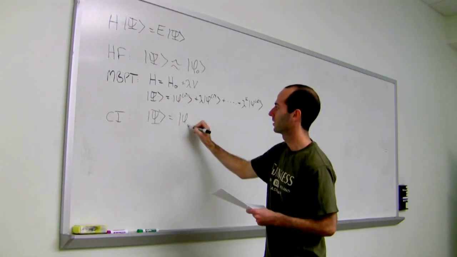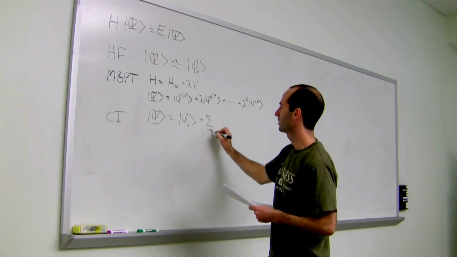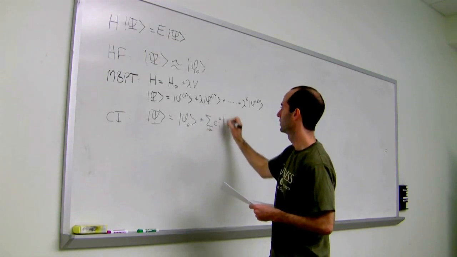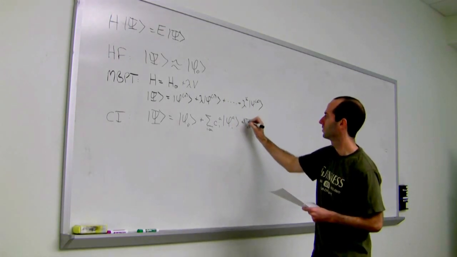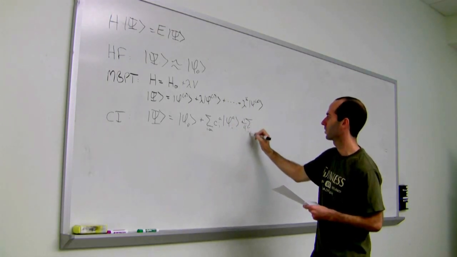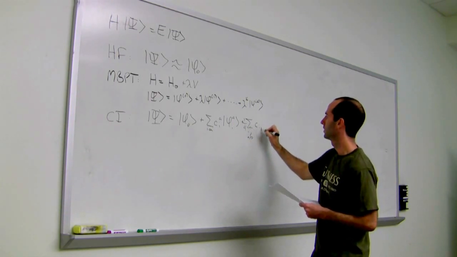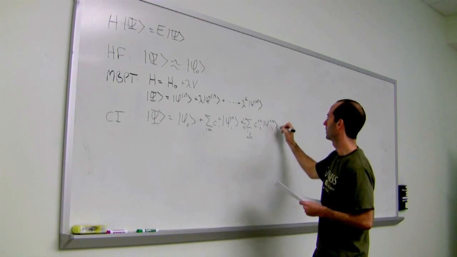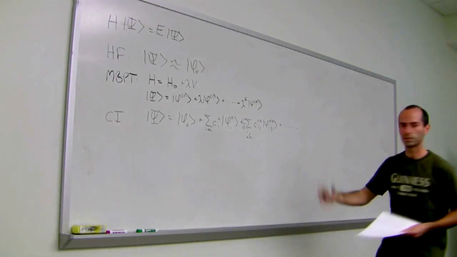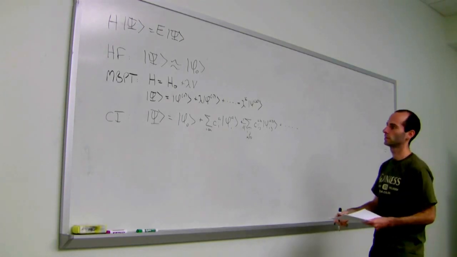So we start with the Hartree-Fock reference determinant, and we add in all possible singly substituted configurations, all possible double substitutions, with a factor of one quarter so I don't double count, all the way up to and including n-tuple excitations if you had n electrons.